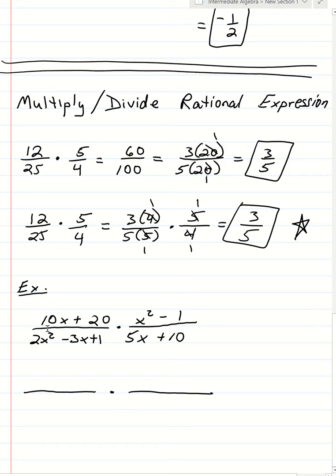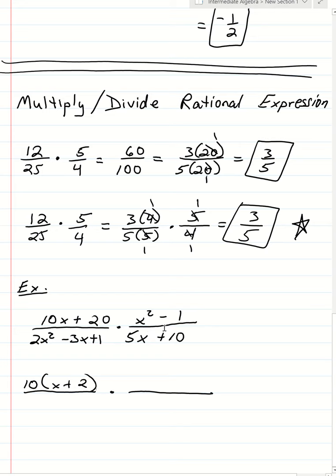So this first numerator of 10x + 20, if we were to factor it, we can factor out a greatest common factor of 10. By factoring out the 10, you would be left with an x + 2. Let's take a look at the second numerator.